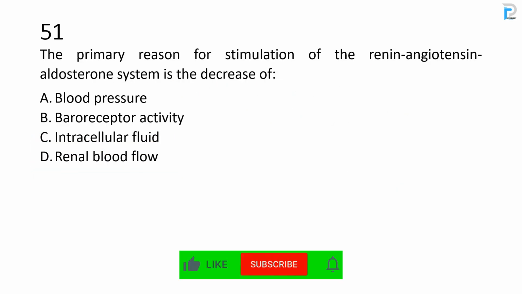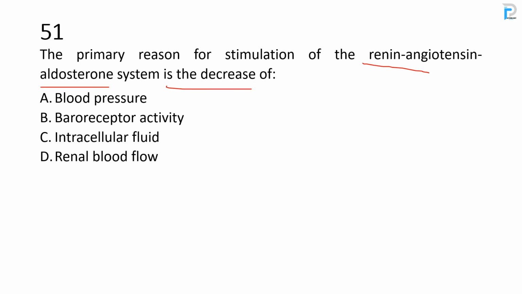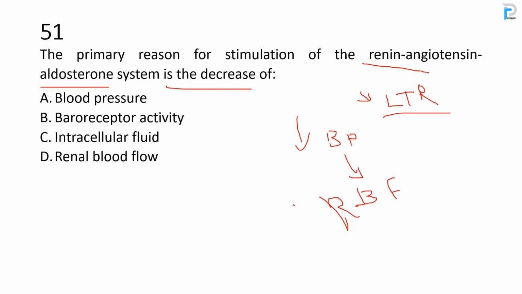The primary reason for stimulation of the renin-angiotensin-aldosterone system is the decrease of. We know the renin-angiotensin-aldosterone system is also known as the long-term regulation of blood pressure. When our blood pressure decreases, renal blood flow decreases, and when renal blood flow decreases, the kidney releases renin.